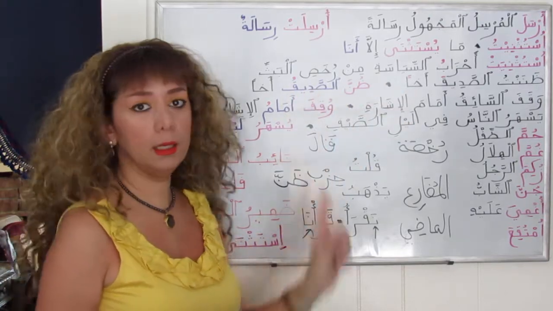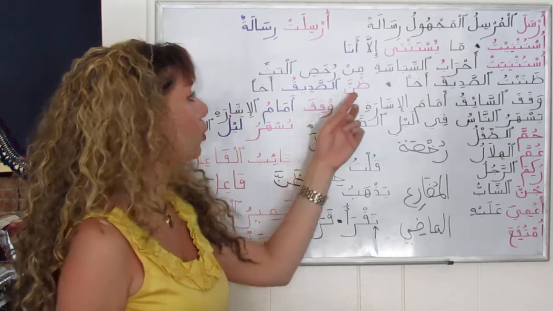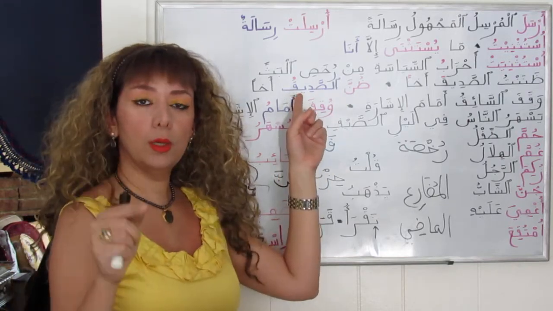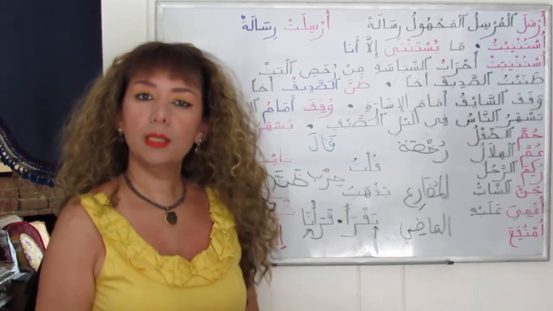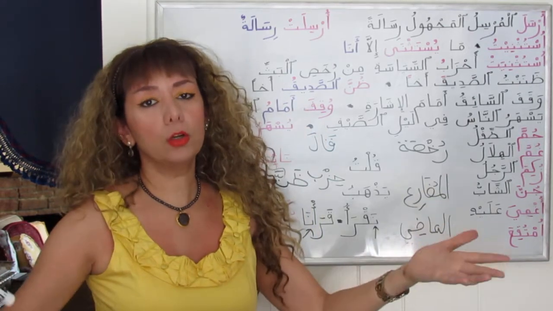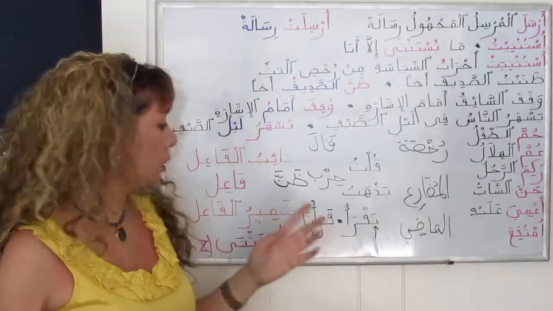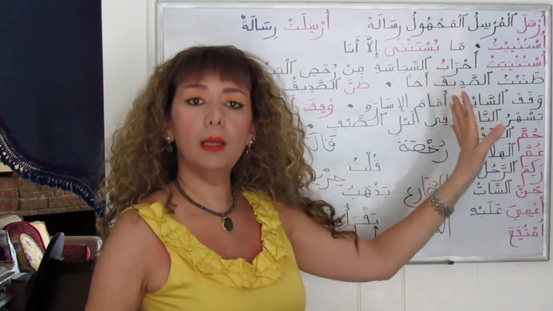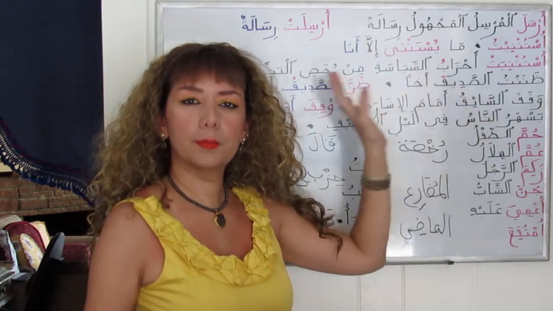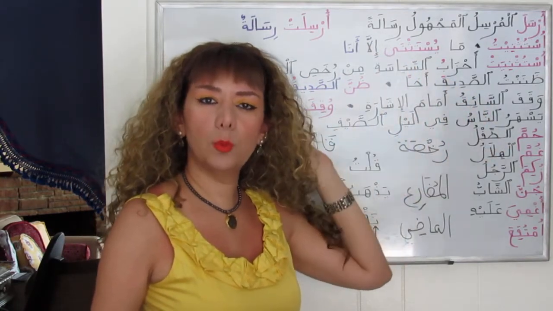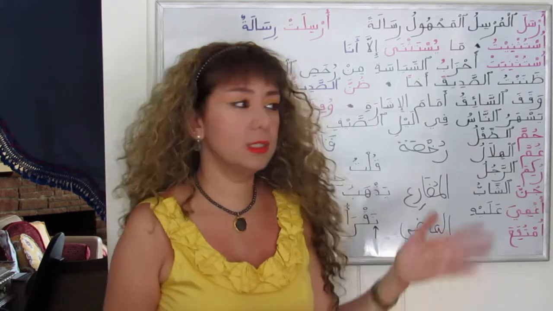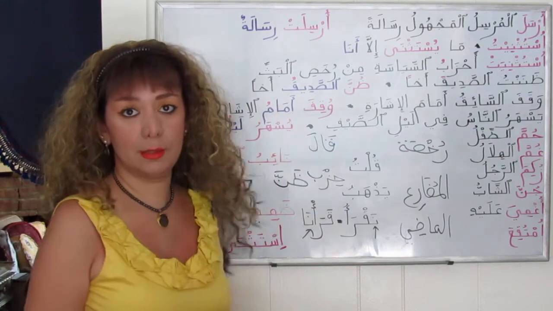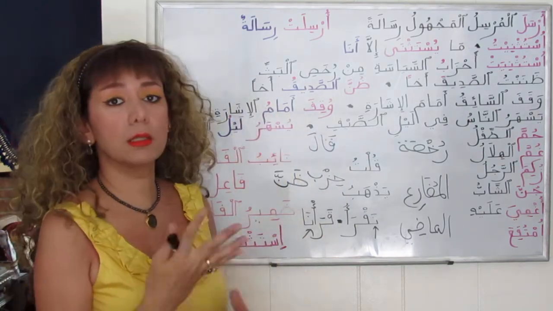So here الصديق is the subject of ظن. So it will be in the nominative case as the regular فاعل, as the regular doer. Nominative case. أخا will stay as is, and it will keep the accusative case, because it is the object of this sentence. ظن الصديق أخا.